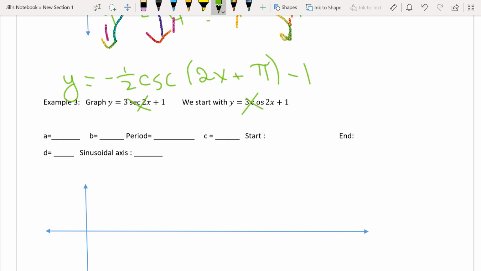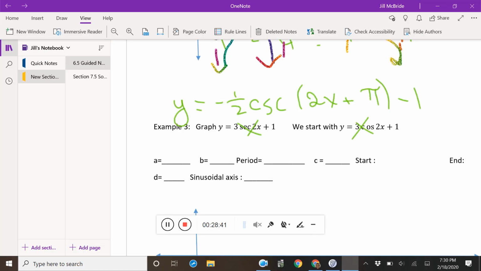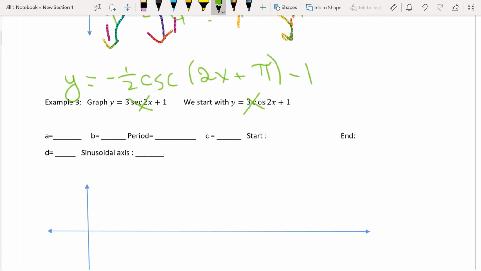So what that means is we're going to start with the same graph, but with sine, because sine is the reciprocal of the cosecant. Let me get back to my full screen here.